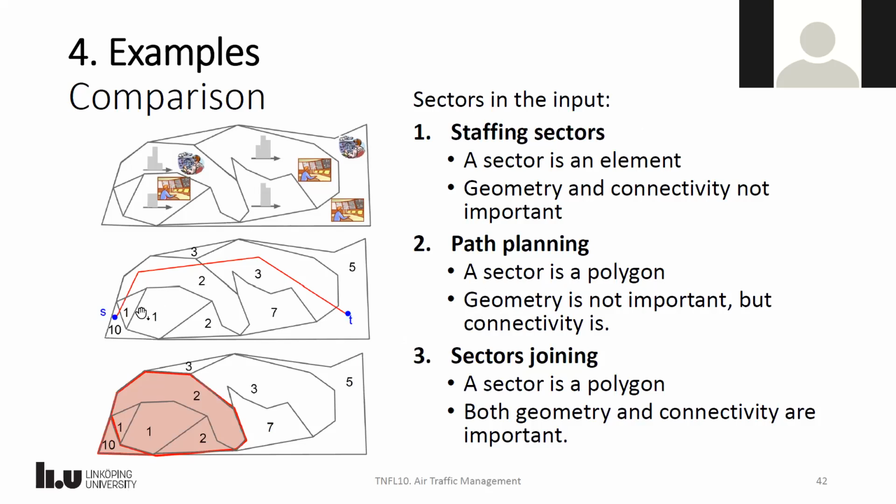The geometry is not important, but the connectivity between the sectors is important. And finally, in the sector joining, the sector is again a polygon, and both the geometry and the connectivity are important. So we can see that even when they have the same input, so to speak, the sectors, in reality, they are not exactly the same input. In here, we don't need the geometry, we don't need the connectivity. In here, we need the connectivity between the sectors, and in here we need the geometry and the connectivity.